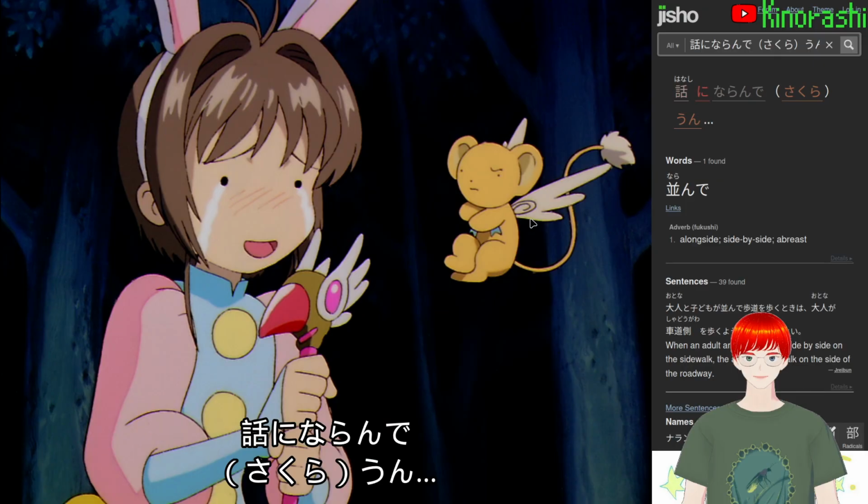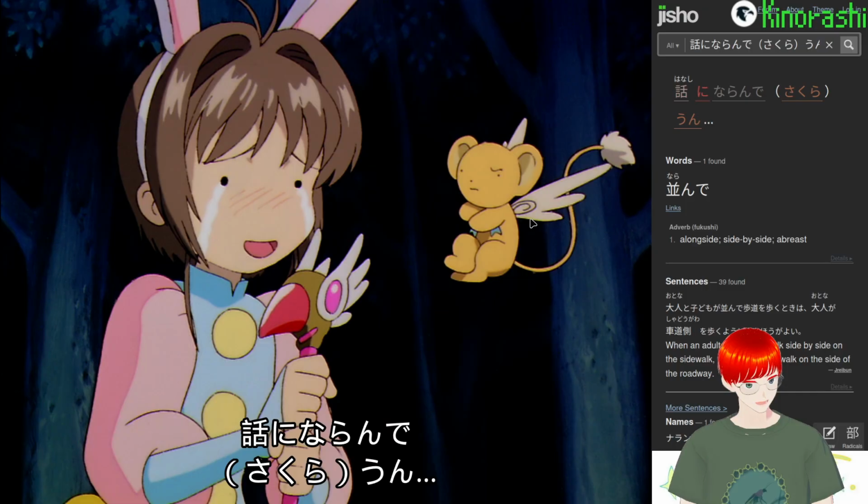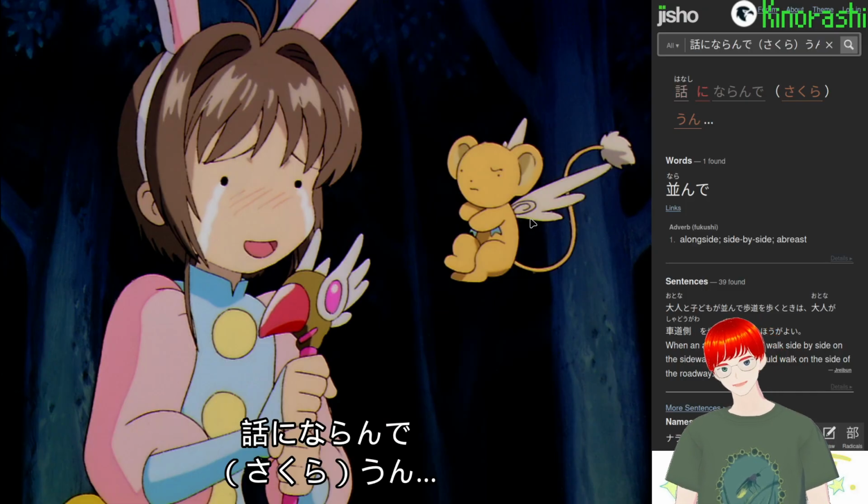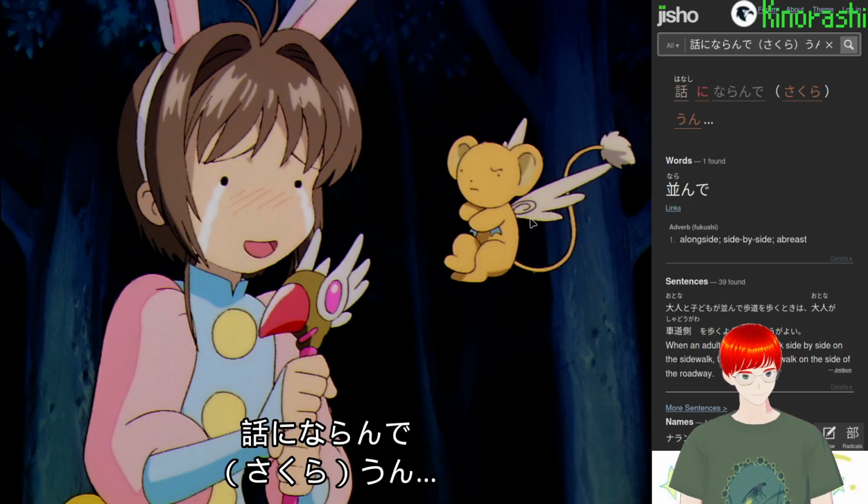Tashikamete minaito, a conditional form meaning if you don't try to check or verify. Okay, I see. So this is the to used as a conditional. So if we don't try checking, it does not become conversation. In other words, there's no point in talking about it until we've checked.